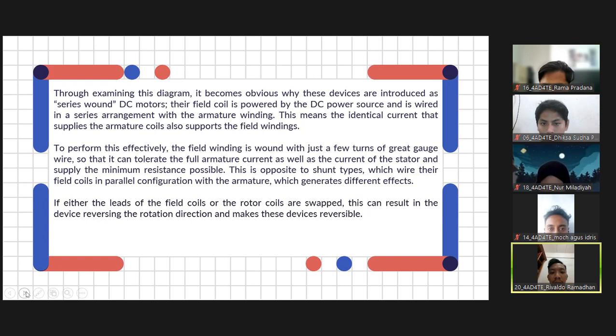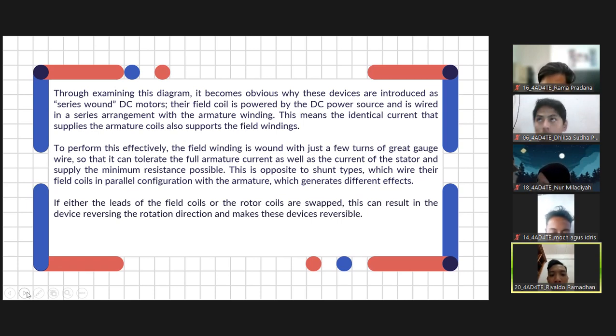This means the electrical current that supplies the armature coil also supplies the field winding. To perform this effectively, the field winding is wound with just a few turns of thick gauge wire so that it can tolerate the full armature current as well as the current of the stator and supply the minimum resistance possible.